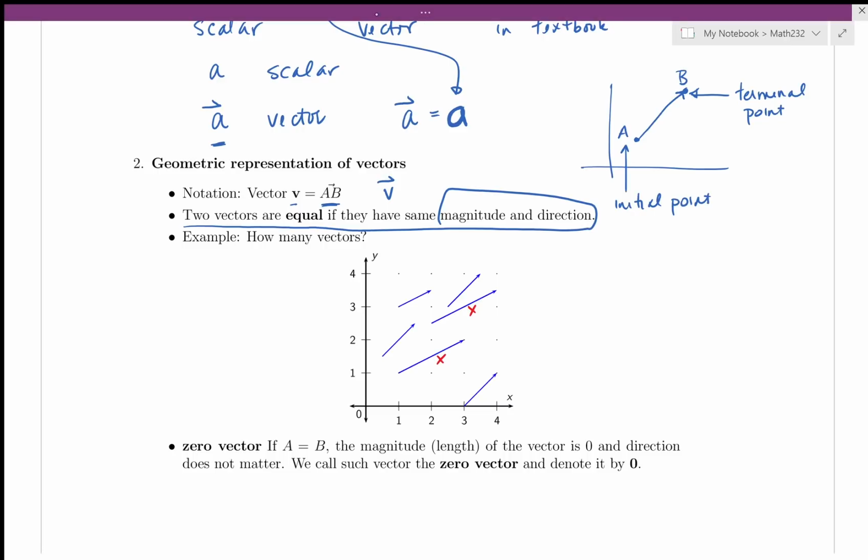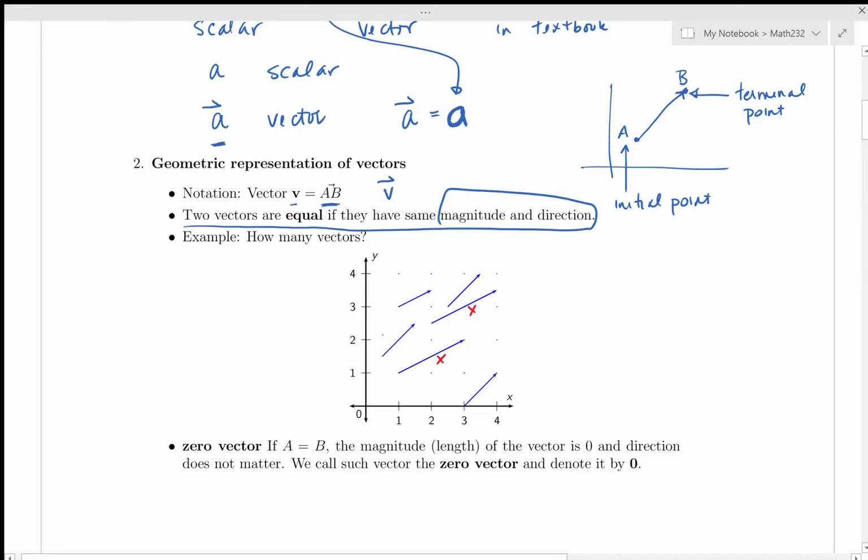Similarly, these vectors are the same. This guy is the same as this one and as this one. Those three are all the same. They are in different positions, I agree, but they have the same magnitude, that is the length of them is the same, and they are pointing in the same direction. So that is a distinct one there. And then there's one guy that doesn't have a copy of himself, that guy there. So there are three vectors here in this drawing.